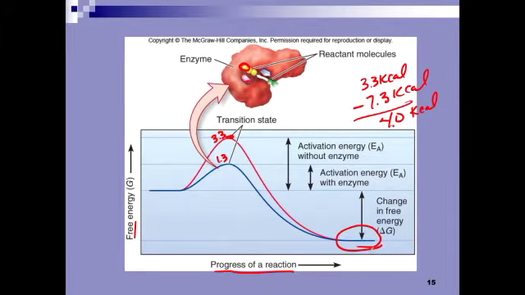We don't change the product. So we have 3.3 required without the enzyme, but with the enzyme, it only requires 1.3. Regardless of which way, we still end up with our change in free energy, okay?